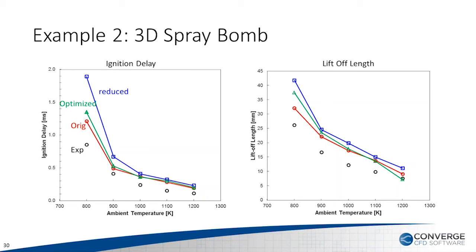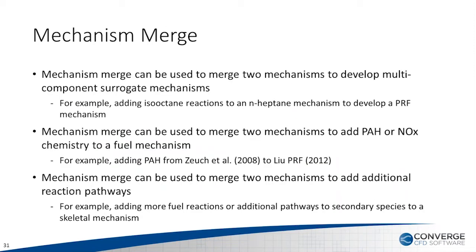For the original mechanism, it's shown as red. The blue one is right after reduction. Then we run the optimization, and the green line shows the lift-off length after optimization. You can see it improves the lift-off length.